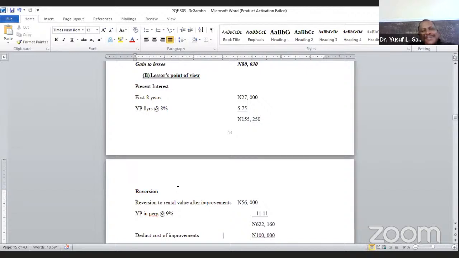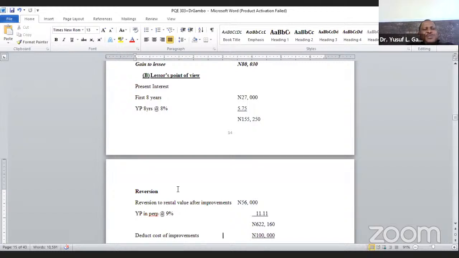You know why we are using a single rate here: it is a freehold. There's no sinking fund to recoup a wasting asset as in the case of a tenant. We are looking at it from the perspective of a freeholder, the freehold rate, interest rate yield is 8%, and you have 5.75.